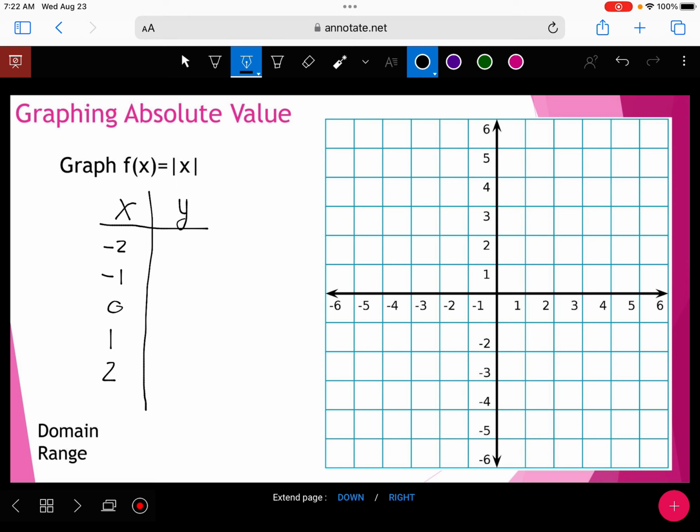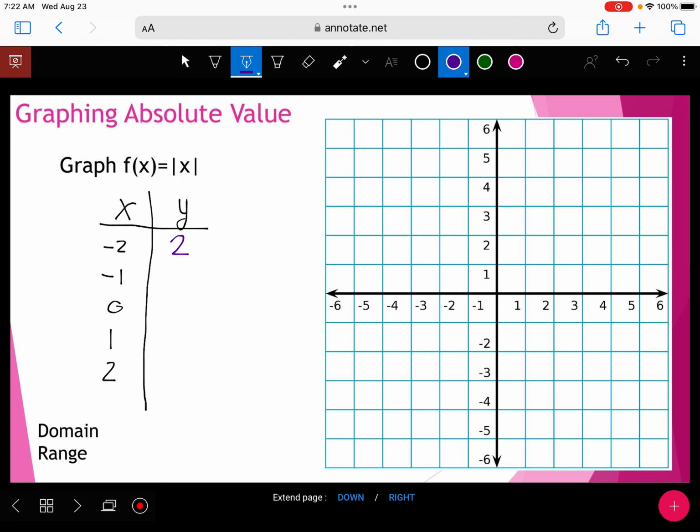So then what we're going to do is take that x and substitute it into our equation, into the absolute value. So the absolute value of -2 is +2. Because -2 is 2 steps away from 0.